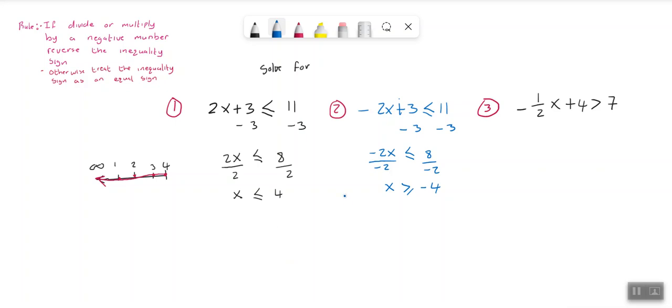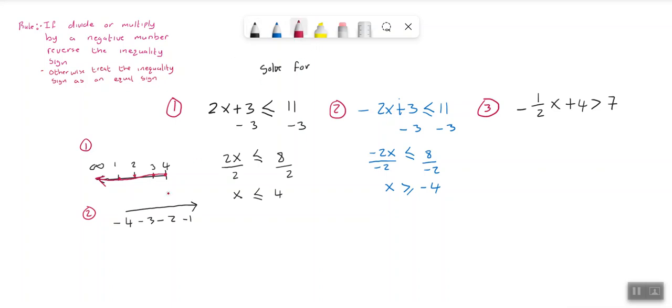So again, if I wanted to write this on the number line, so this is question 1, question 2. It's saying that x is greater than or equal to negative 4. So we'd start at negative 4, negative 3, negative 2, negative 1, and then the number line will continue in this direction all the way up through the positive numbers.